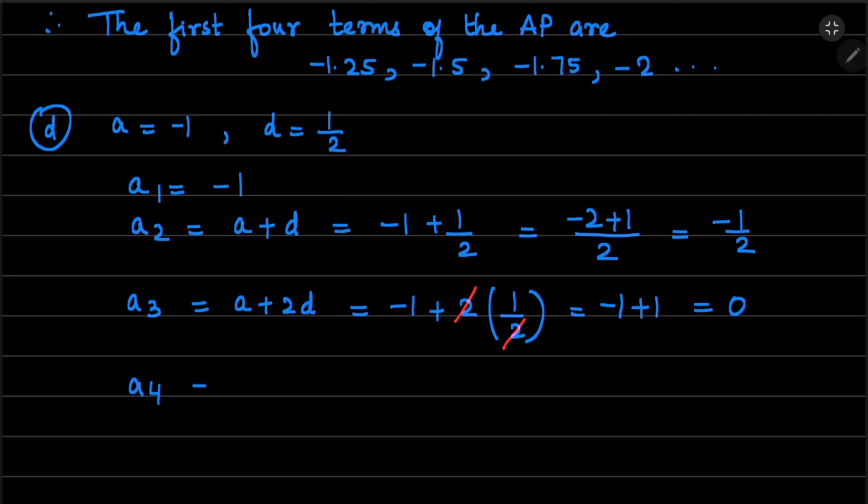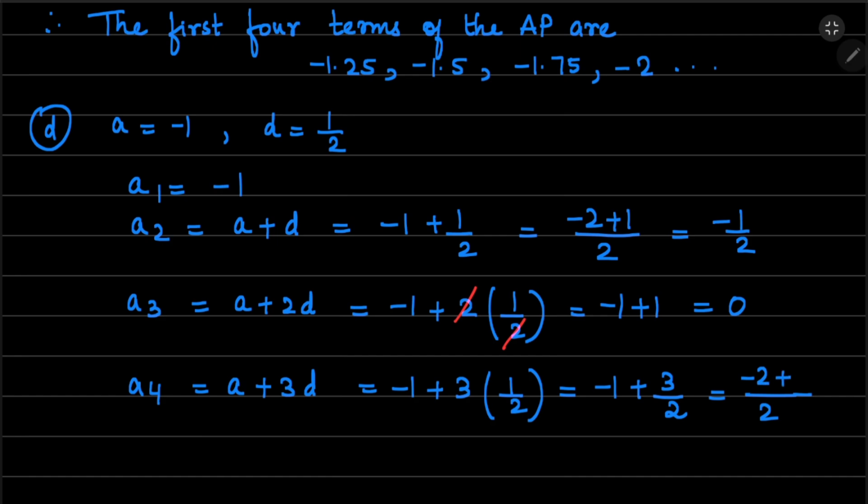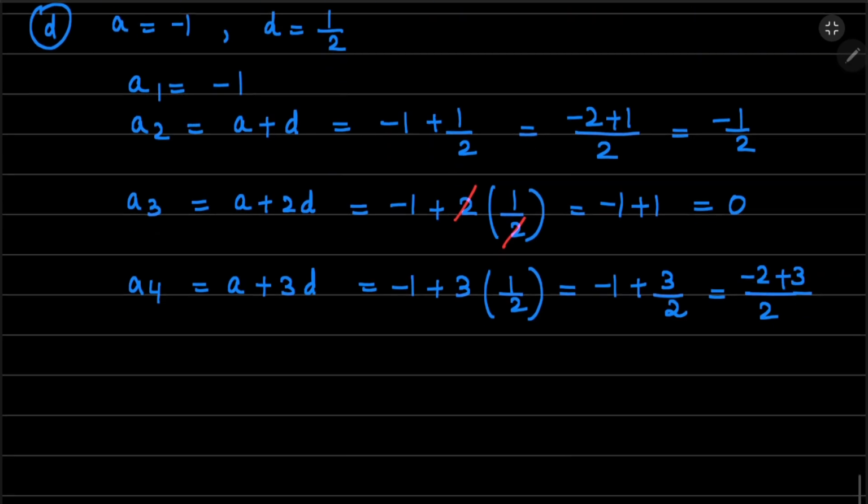And your fourth term will be A plus 4 minus 1, that is 3D. A is minus 1 plus 3 into D. D is nothing but 1 by 2. So this is nothing but minus 1 plus 3 by 2. So whole divided by LCM is 2. So you have minus 2 plus 3. 3 minus 2 is 1 by 2.